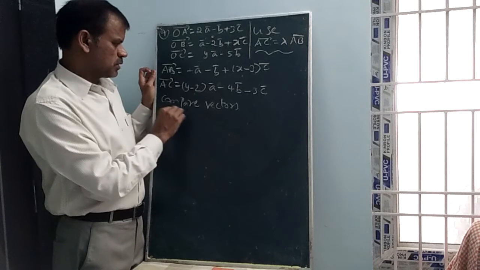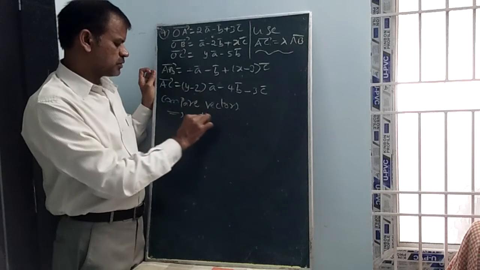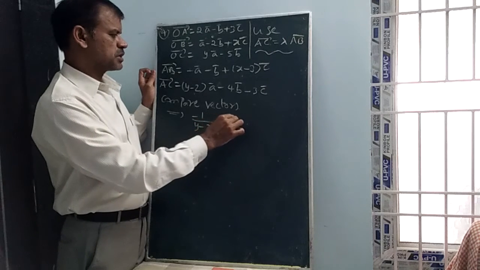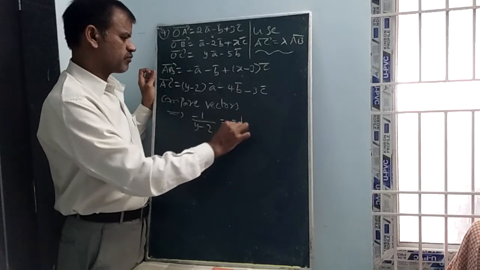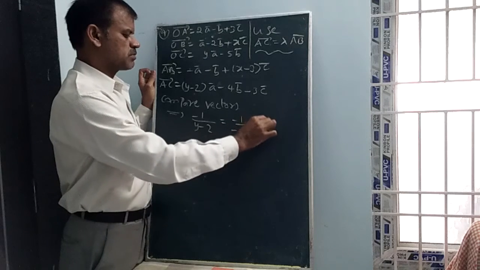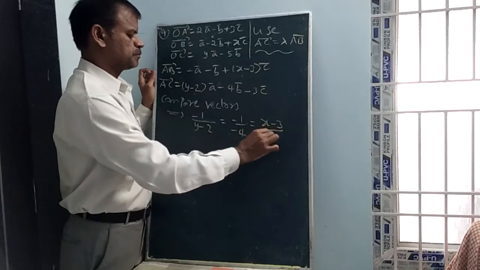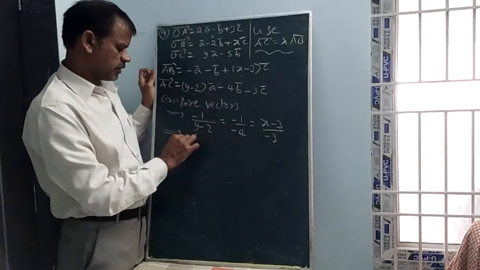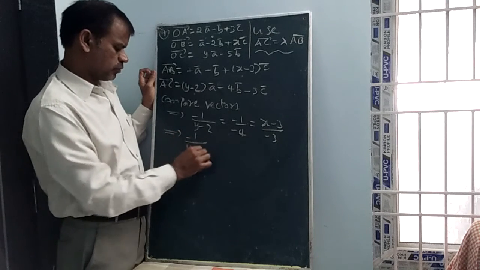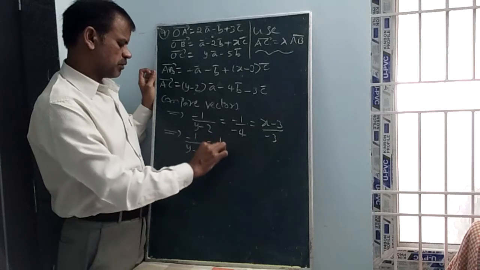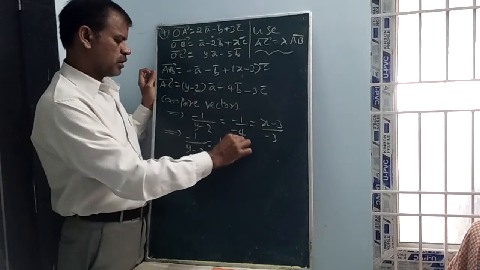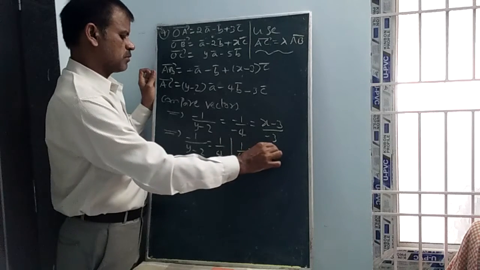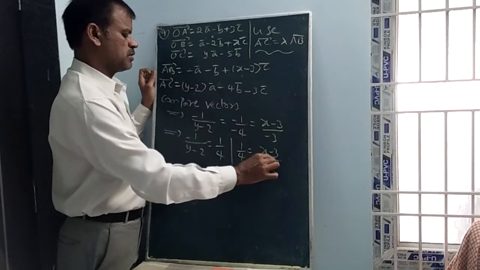Now it becomes minus 1 by y minus 2 is equal to minus 1 by minus 4 is equal to x minus 3 by minus 3. That implies minus 1 by y minus 2 is equal to 1 by 4, and 1 by 4 is equal to x minus 3 by minus 3.